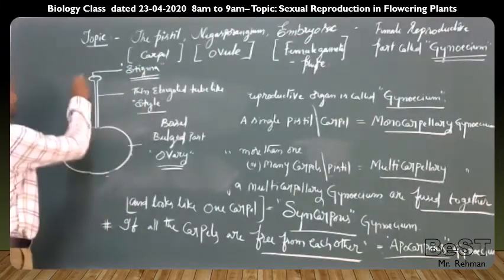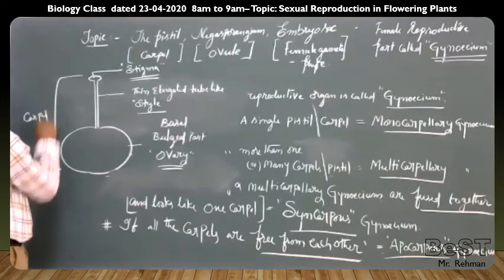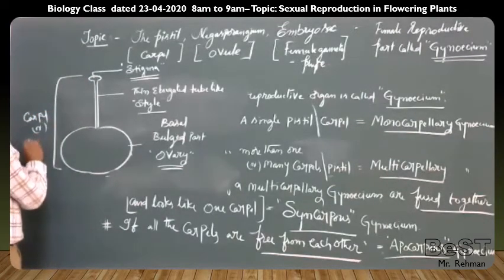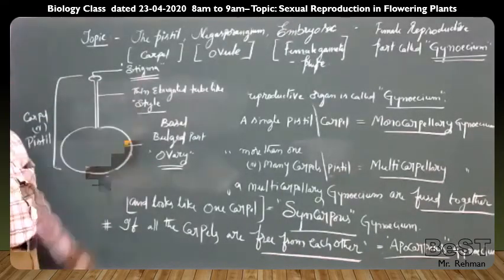So, in a carpel or pistil, there are three parts: ovary, style and stigma.